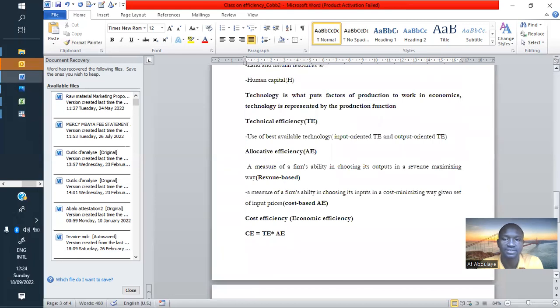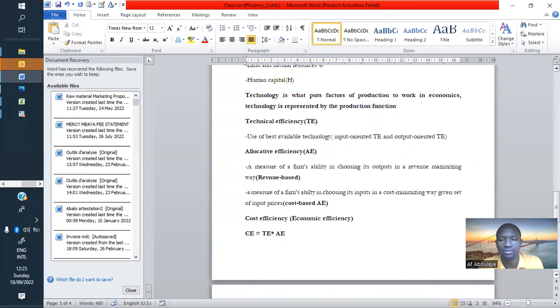Okay, a farm is input-oriented technically efficient when it can reduce. Okay, we have before a defined quantity of input we are using to get defined outputs, and now we can manage inputs, reduce them, and hold constant the output we are producing.